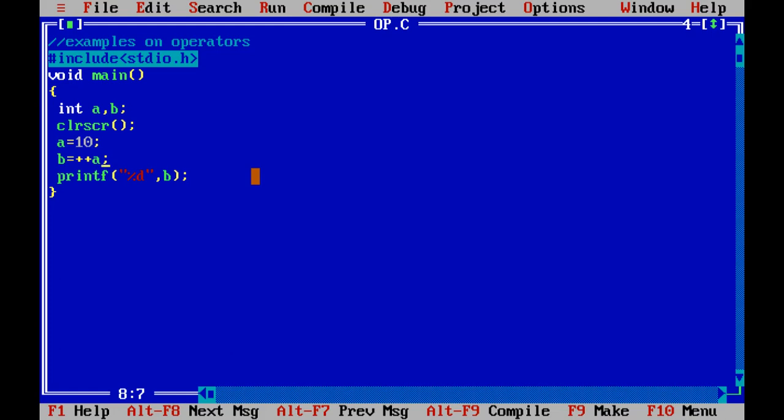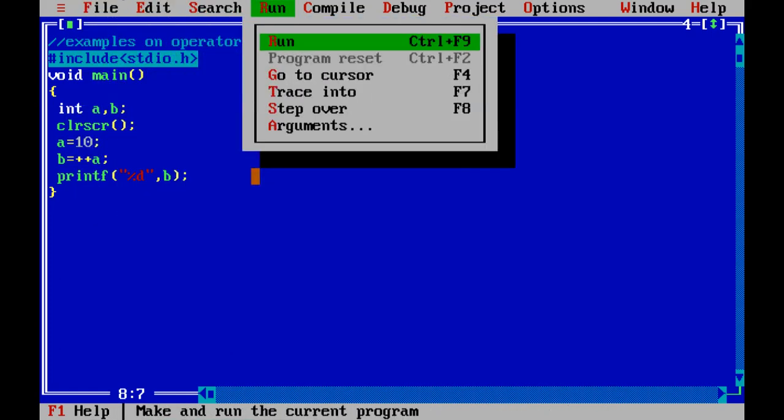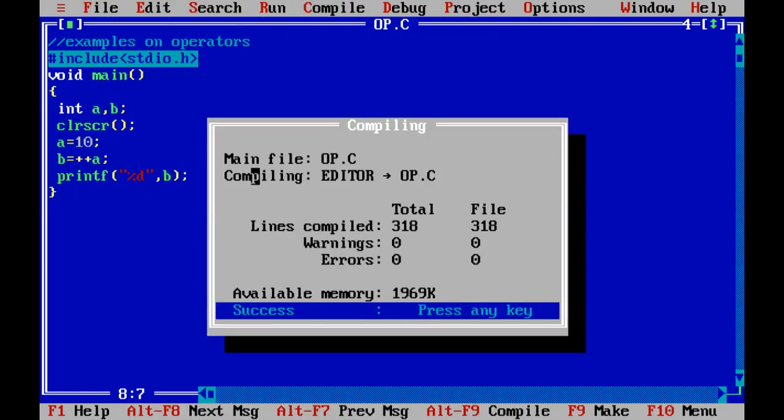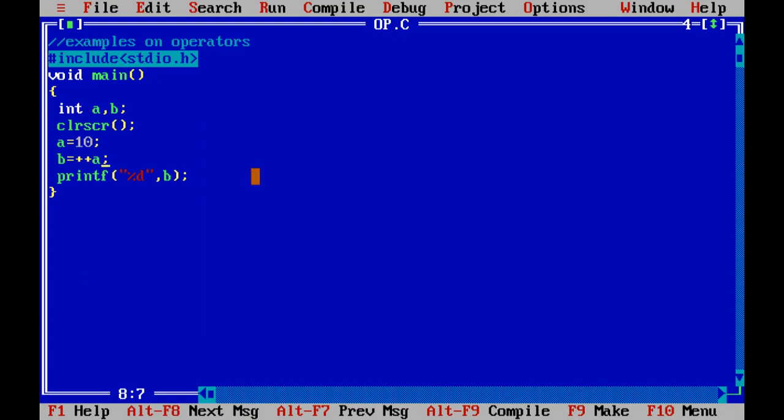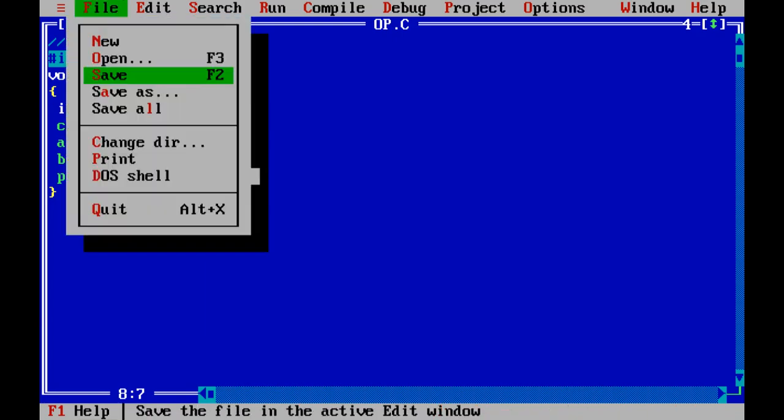Now compile this program. No errors and no warnings. And then run this program.